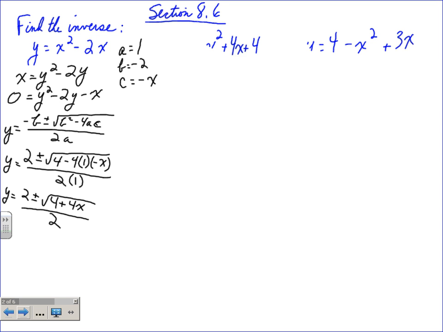And now we have to simplify that radical underneath. I can't take the square root of the 4 and the square root of the 4x. I can't do that because I have to factor it first. 2 plus or minus the square root. Let's factor underneath the radical, and it becomes 4 times 1 plus x.